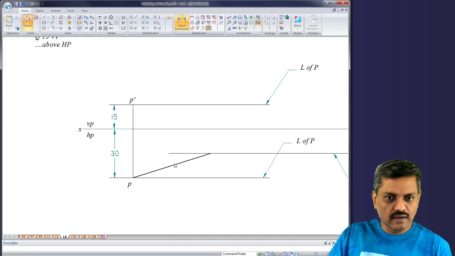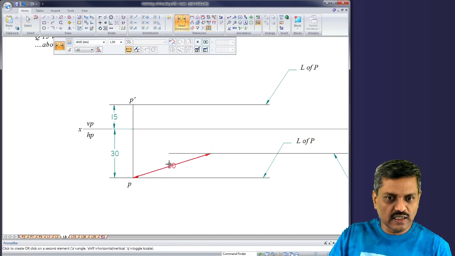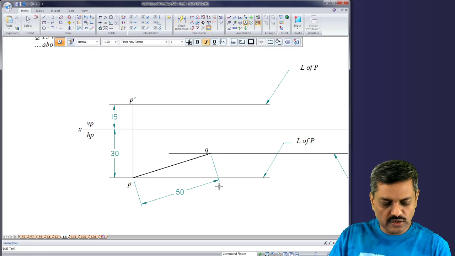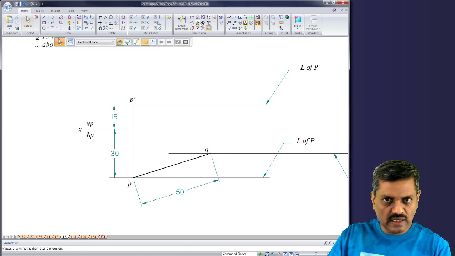You see that this is actually 50 mm, that is the top view length. So this point is nothing but Q, and whatever angle it makes will be phi.